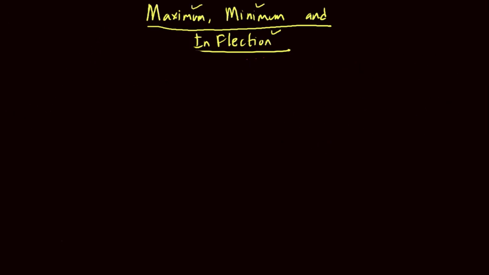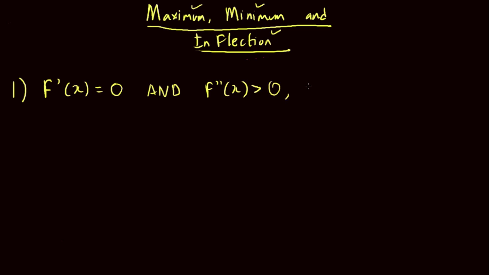Okay, to summarize, if we have a point where f prime of x is equal to 0 and f double prime of x is greater than 0, it is a minimum point.